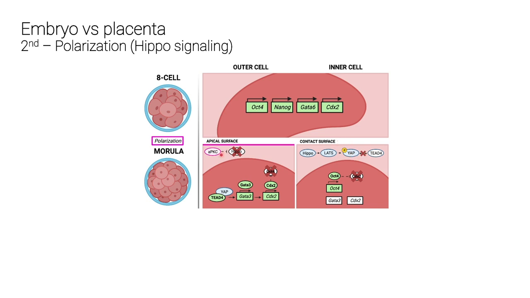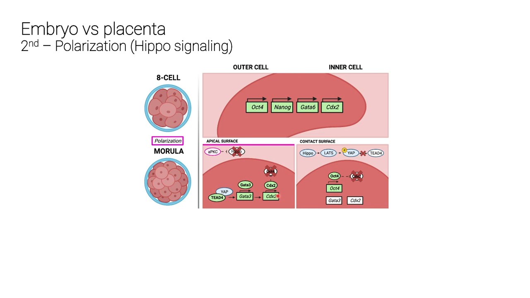However, when you inhibit this process, then YAP can enter the nucleus, and it binds to its co-transcription factor called TEAD, which is a key transcription factor for instigating the expression of key placental transcripts such as GATA3 and CDX2.